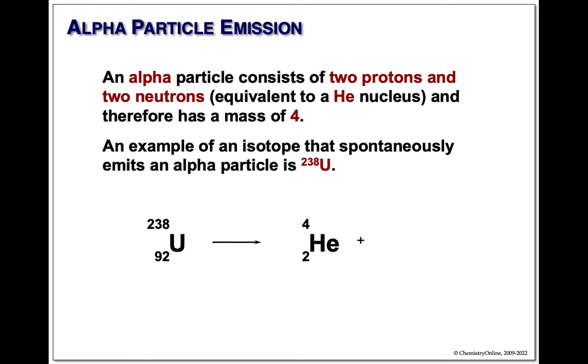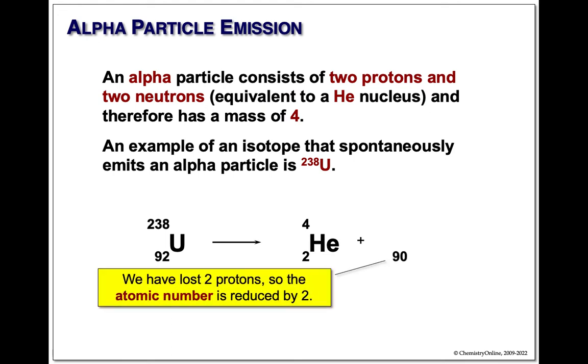It is now 90. The mass number of our new element has also dropped by 4 mass number units. The symbol, we have to look at our periodic table. We're looking here for an element with the atomic number of 90, and that's thorium.